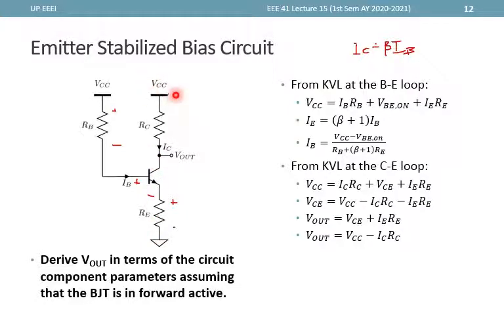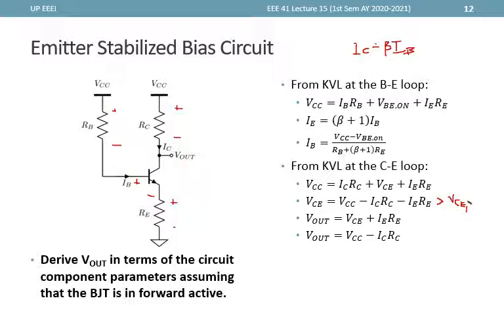So VCC is equal to RCIC plus VCE plus IERE. So VCE is equal to VCC minus ICRC minus IERE. And we want this one to be greater than VCE sat.